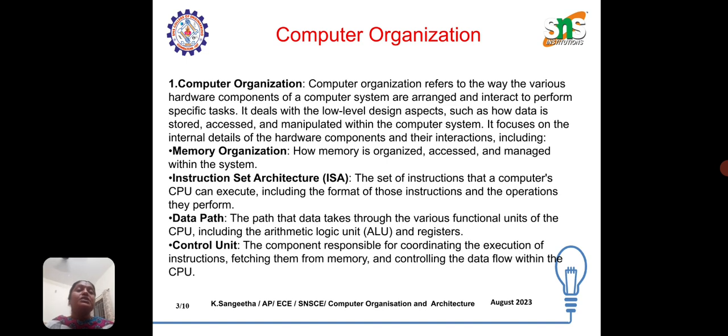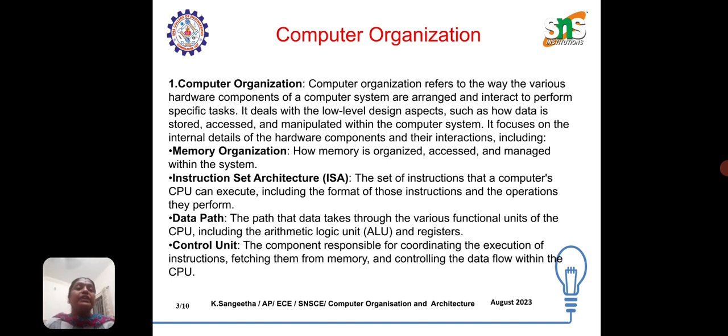So memory organization is how the memory is organized, accessed and managed within the system. Instruction set architecture, that is ISA, is the set of instructions that a computer system can execute, including the format of those instructions and the operations they perform. Various formats are used, such as 8-bit and 32-bit formats.